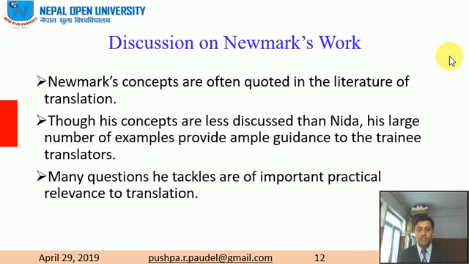Now let's discuss Newmark's work. Newmark's terms semantic and communicative translation have often been quoted in the literature of translation theory, but they have generally received far less discussion than Nida's formal and dynamic equivalence. Newmark considers communicative translation to be identical to Nida's functional or dynamic equivalence.